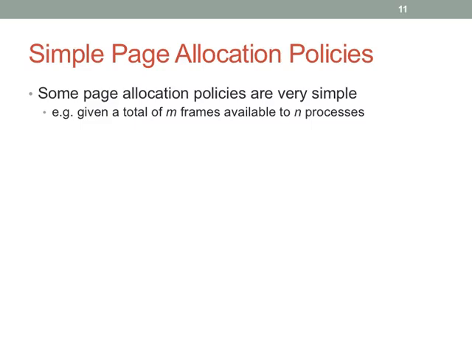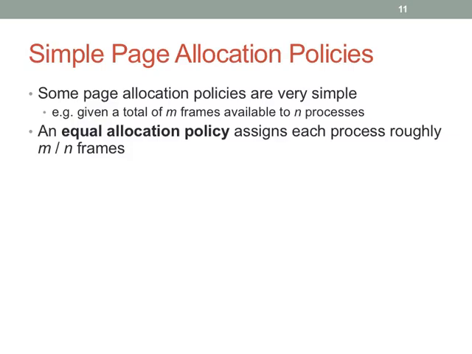If you're talking local replacement, then you have an interesting question of basically how many frames do you set as a process's available set of frames off the bat. And so if we had some number of frames, we call this M, and some number of processes N, then we basically could have a simple policy where we divide the number of frames amongst all the processes, and that would be an equal allocation policy.